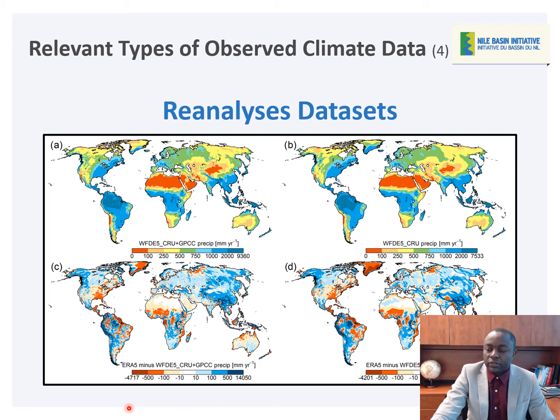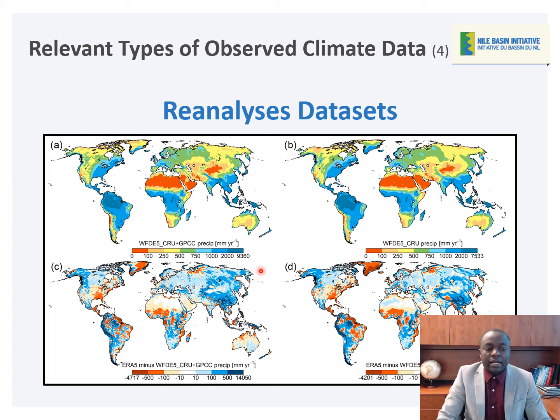Another important gridded data product are reanalysis data sets. For example, in this figure, we show here the WATCH Day 5 data set, a reanalysis data set, that is based on the CRU plus the GPCC precipitation data set. So why reanalysis?